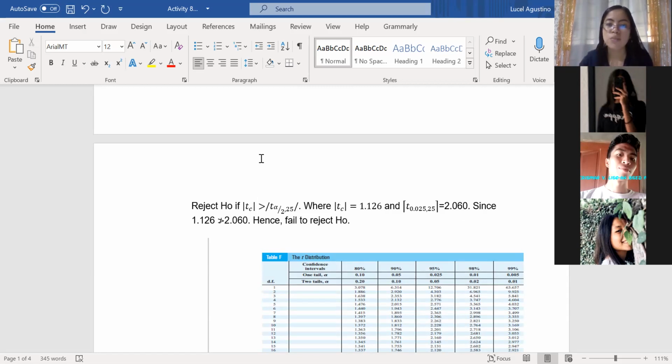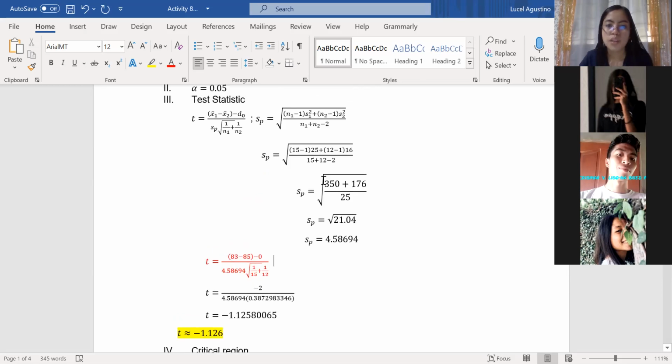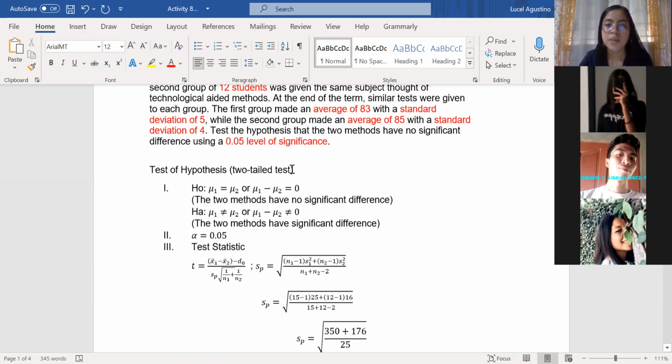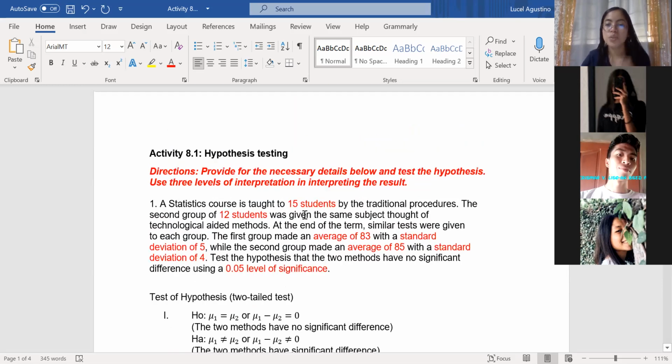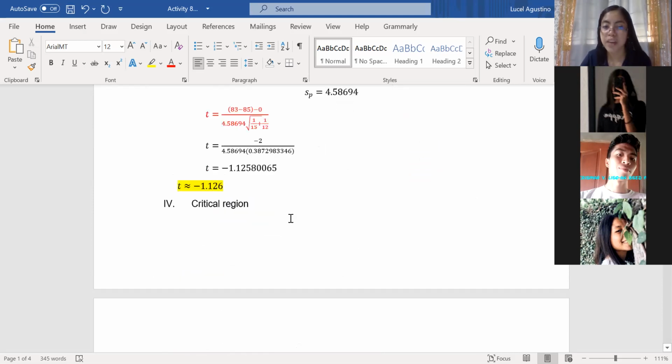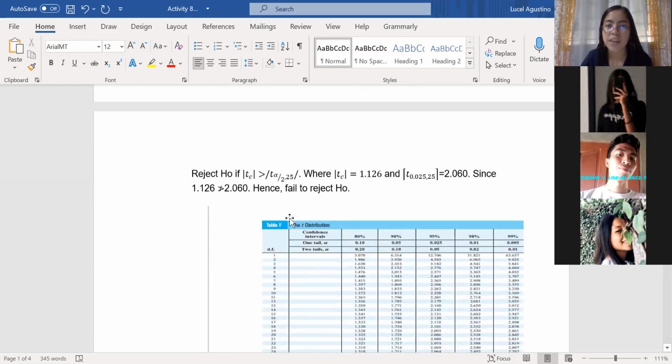And then, so we have 25, di ba? Amo ni siya, 15, ang sample size ang duwa, 15 plus 12 minus 2. So, amo na siya, 27 minus 2, so 25.